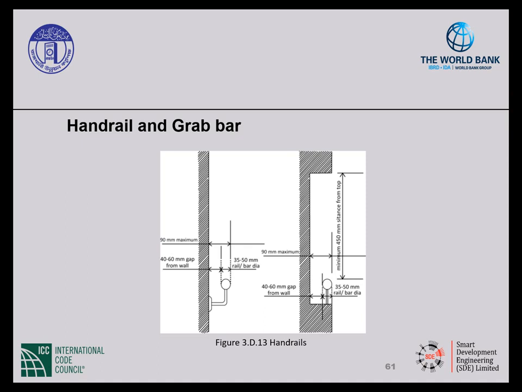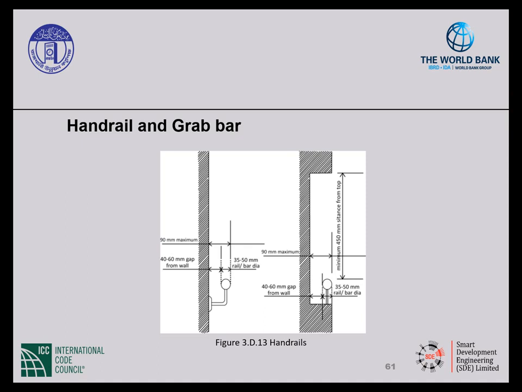Clearance between the rail and the adjacent wall should be between 40 and 60 millimeters, but the maximum projection should be 90 millimeters. And if you'll notice, you add those numbers up, you can't have the max on both. If the rail is located in a recess, there should be a minimum 450 millimeter clearance above the rail.